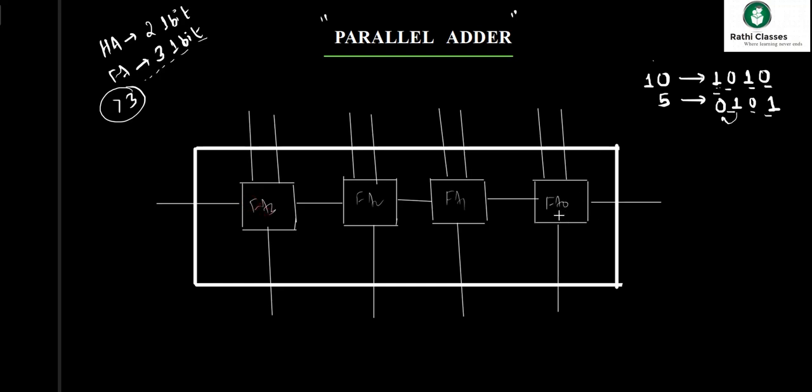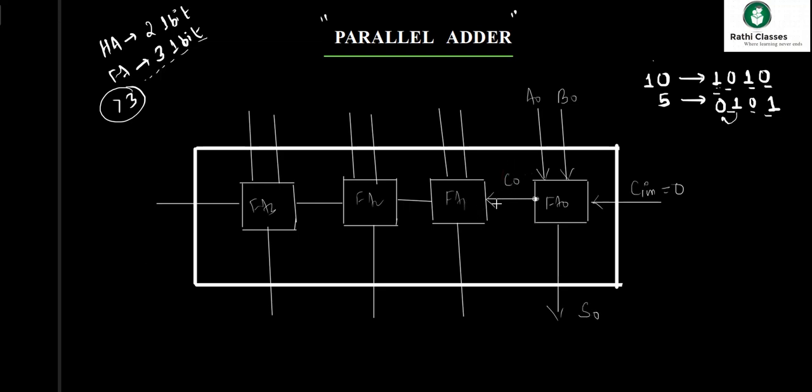As you can see, the carry output of each full adder is connected to the input of the next full adder. For FA0, let the inputs be A0, B0, and let the carry in, that is the third input of the full adder, be 0. It will have two outputs, say S0 and C0.